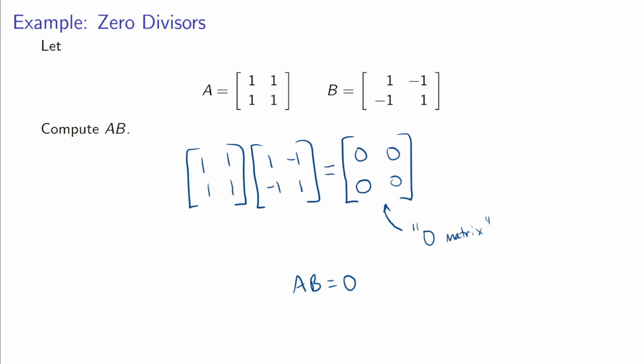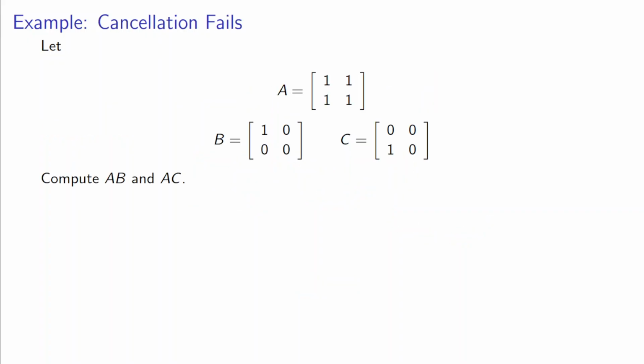One of the really important properties of real numbers is that when you multiply two terms together and get 0, one of those two terms has to be 0. And that is not the case, as we're seeing here with matrix multiplication.